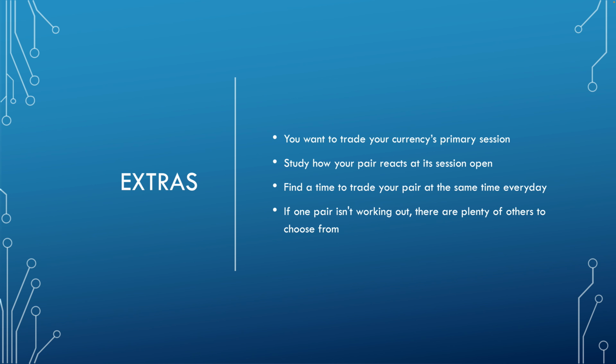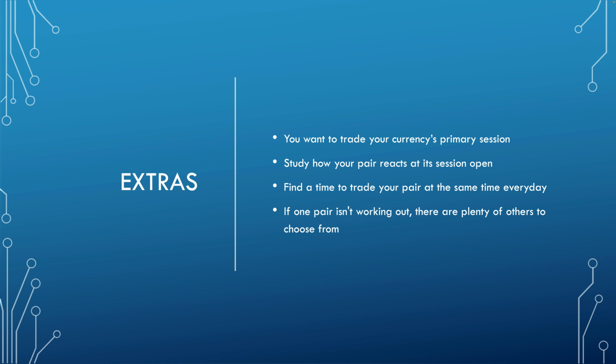The second thing is to study how your pair reacts at its session open. I mentioned that a couple minutes ago. This oftentimes is literally the best moves. At the open of the session is when the moves are really popping. People are just anticipating the session to start, and you can see a huge spike in price at this time.